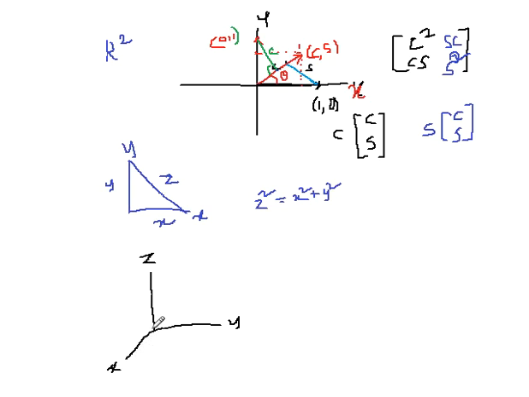So x is the one which is coming out of this, we can say it is coming front, but we can't show it on a 2-dimensional plane, so we are showing it in this way. And y is the horizontal one and z is vertical, and this one is front, it is coming outside of this screen, we can say.